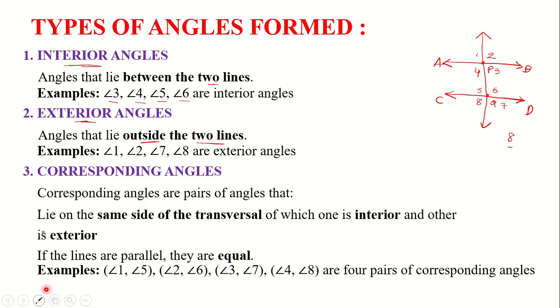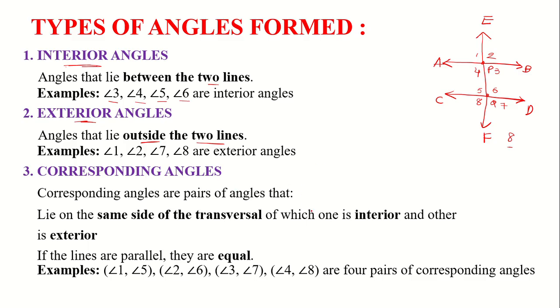So corresponding angles are the angles which lie on the same side of the transversal. So this is your transversal EF. On this line EF, on the same side, which are the angles? 1 and 4 are on the same side, 5 and 8 are on the same side. Similarly, on your right side, angle 2 and angle 3 are on the same side, and 6 and 7 are on the same side.